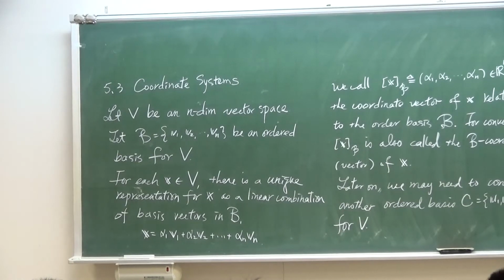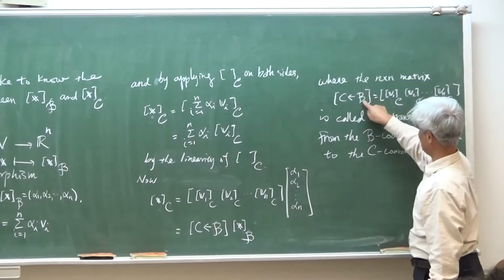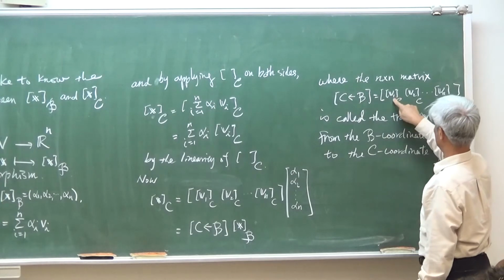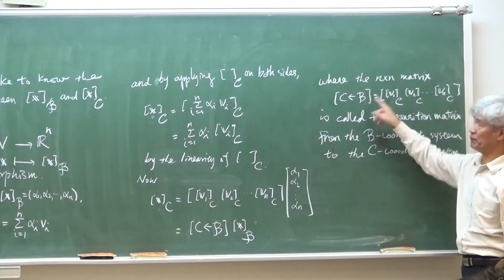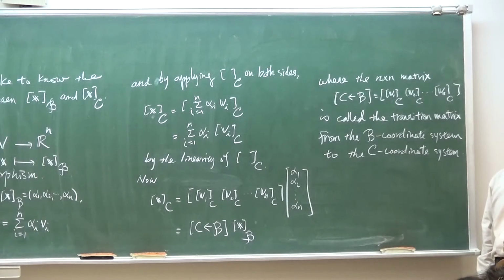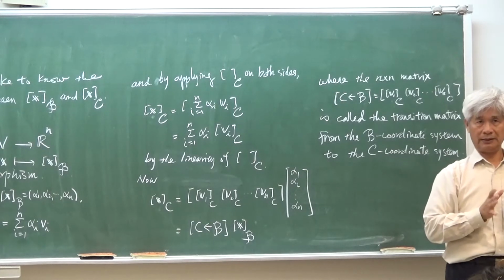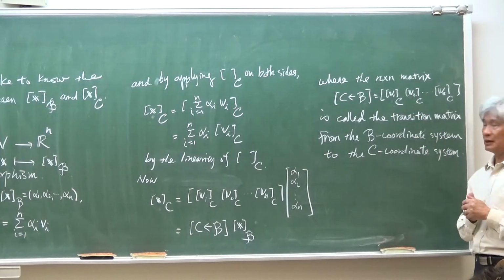So the building up of this transition matrix is quite special. You should use the basis vectors in the order of the ordered basis, but you should take the C coordinate for each basis vector. So that is the due process when you want to construct such a transition matrix.